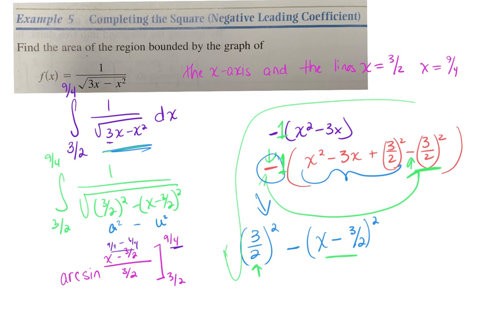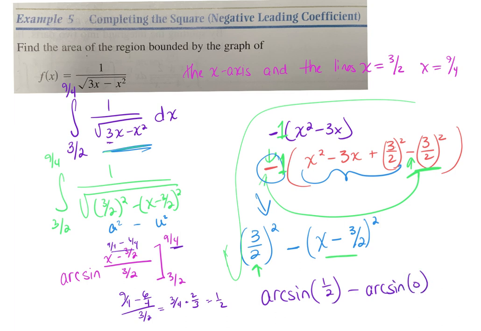So I'm just plugging these guys in. 9/4 minus 6/4 over 3/2. That's just going to be 3/4 times 2/3. That's going to be 1/2, right? So I have the arc sine of 1/2 minus the arc sine of 0. Okay?